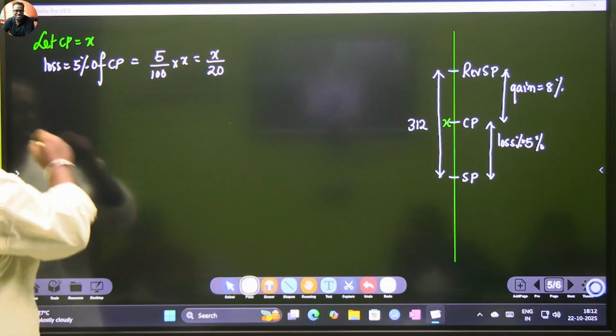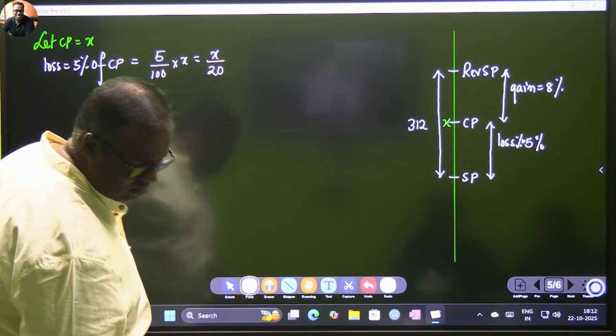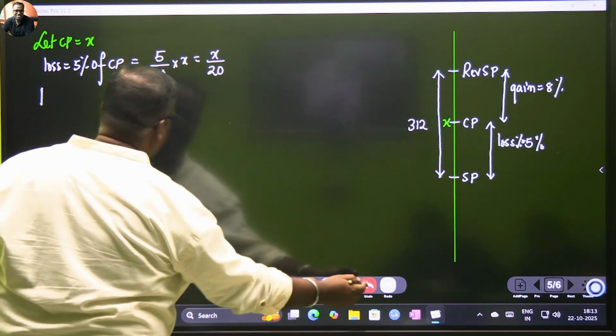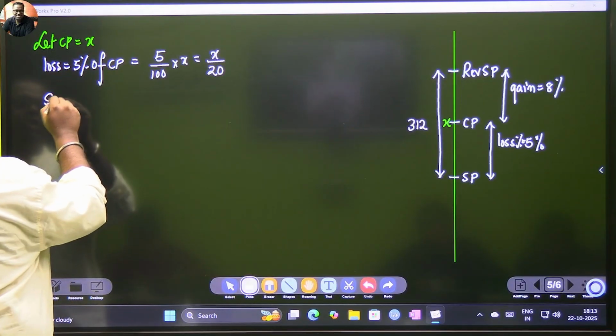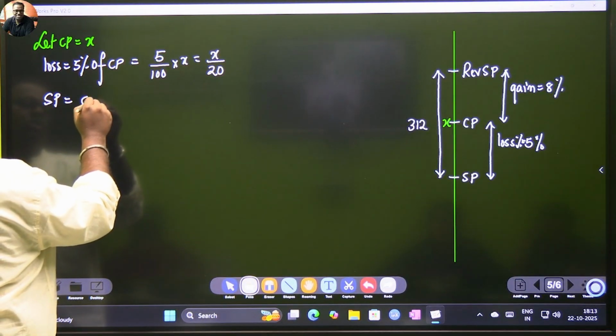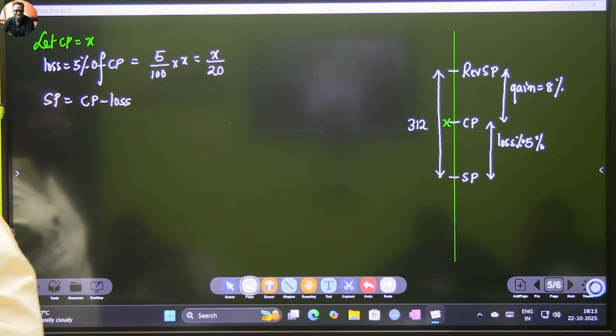Loss is equal to X by 20. Then what is your selling price? Your selling price should be equal to cost price minus loss, because you're making a loss.